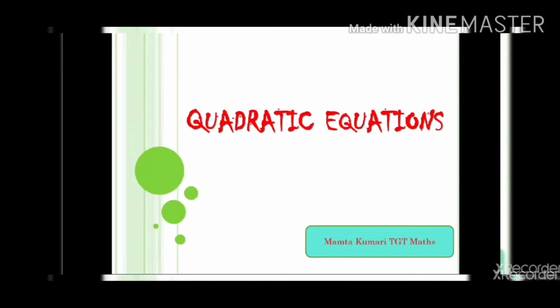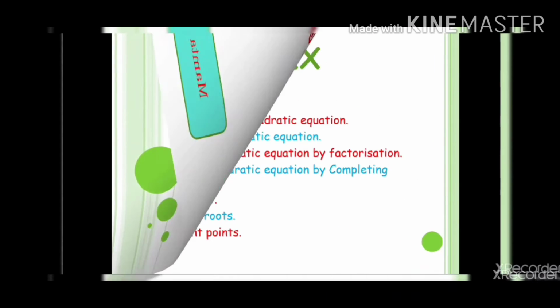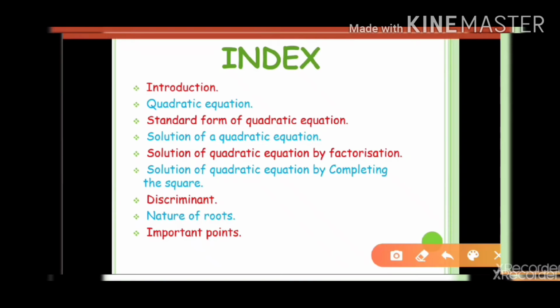Hello everyone, today we start a new chapter, that is quadratic equation. In this chapter we learn about introduction of quadratic equation, and then we learn about quadratic equation, and after that we learn standard form of a quadratic equation, and then we learn solution of a quadratic equation, and after that we learn solution of a quadratic equation by factorization method.